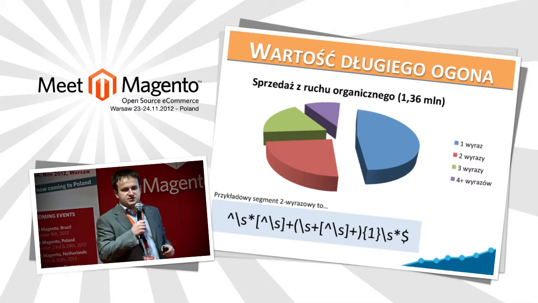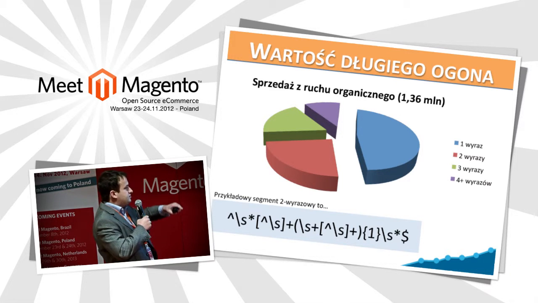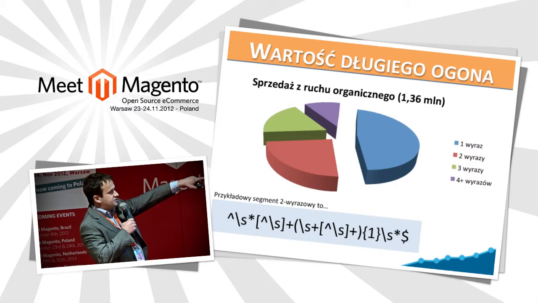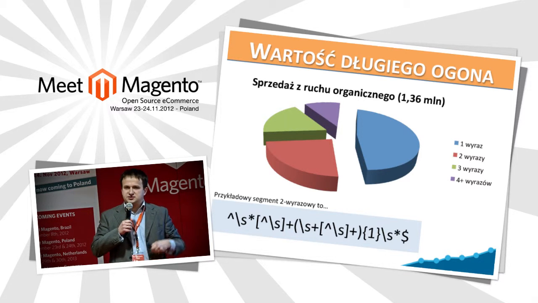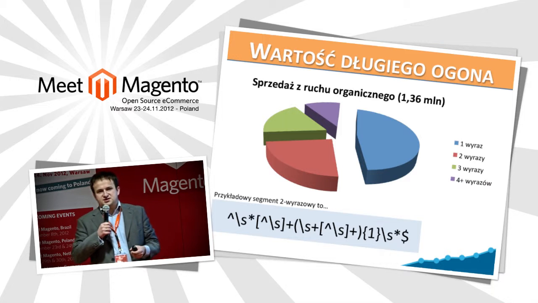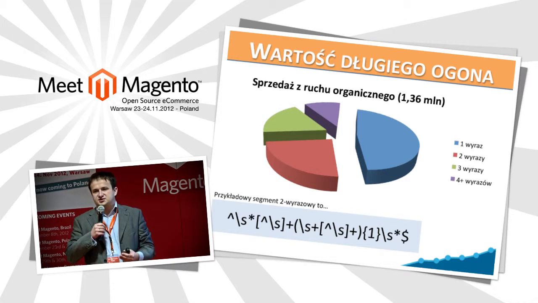So the total sales from this period is more than 1 million zlotys in this particular store. So I wanted to show you that single keyword searches generate less than a half. Two keyword searches generate 20%, but 4+ keyword searches generate a large part of the pie. You will not receive this information normally without segmentation from analytics.